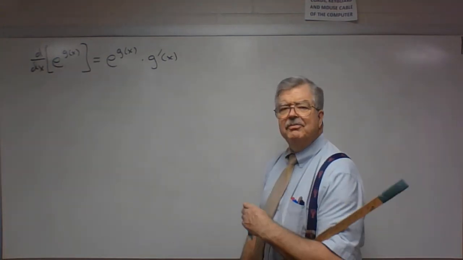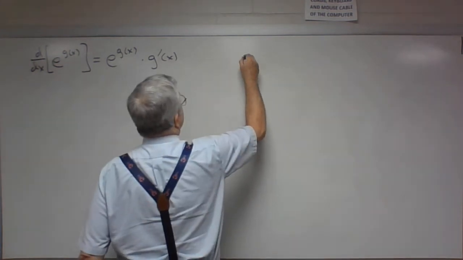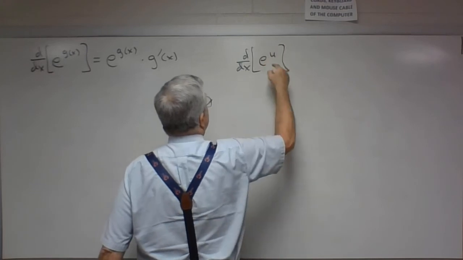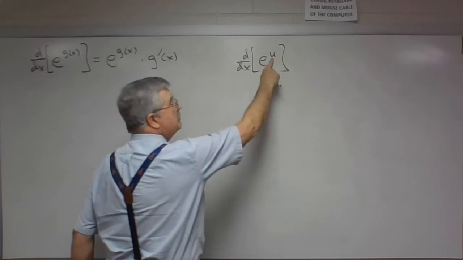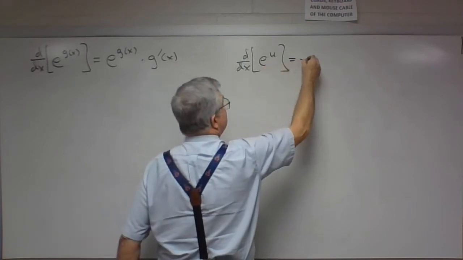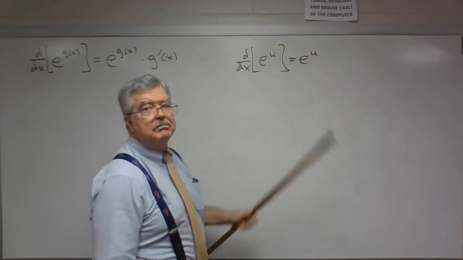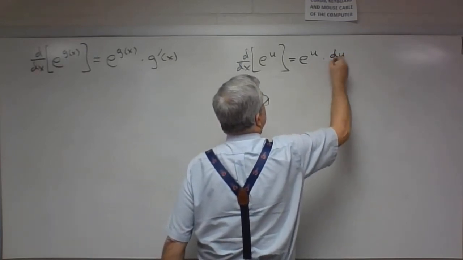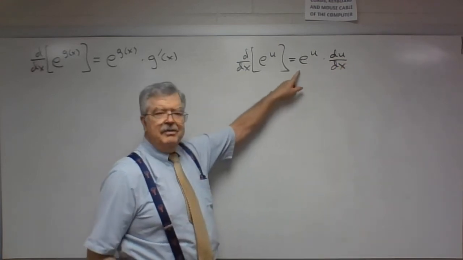Sometimes we'll see this written in a book this way. u will be some function of x. u will be our g evaluated at x. And the derivative will be e evaluated at u times the derivative of the exponent. Sometimes we'll see the formula written this way.